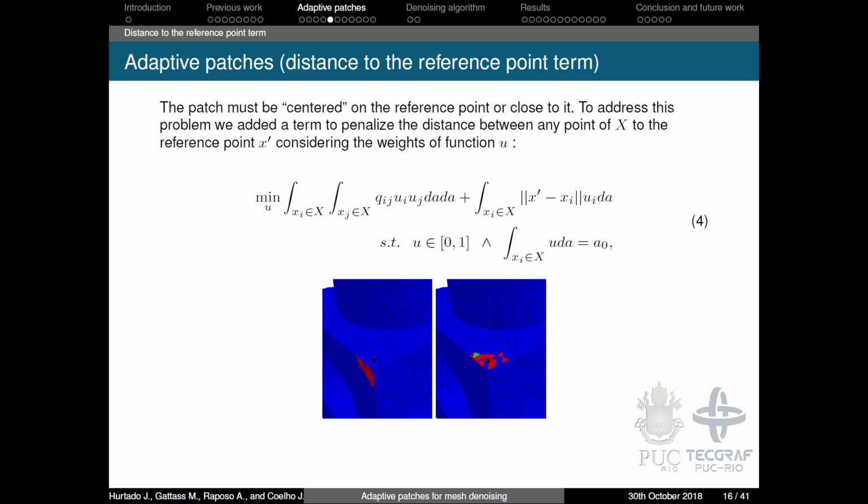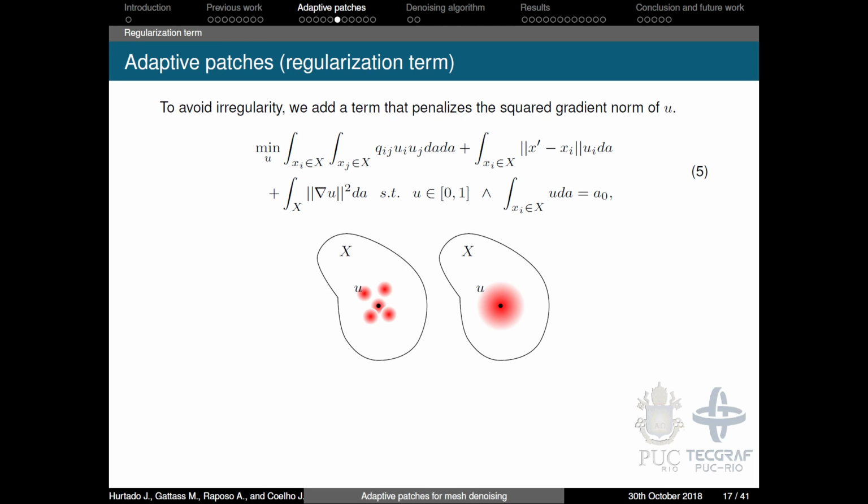But we also have the problem that the solution is irregular. To solve the irregularity problem, we propose to minimize the gradient norm of u, such that giving more importance to this term, we will obtain a smoother solution, which results in more regular solutions.